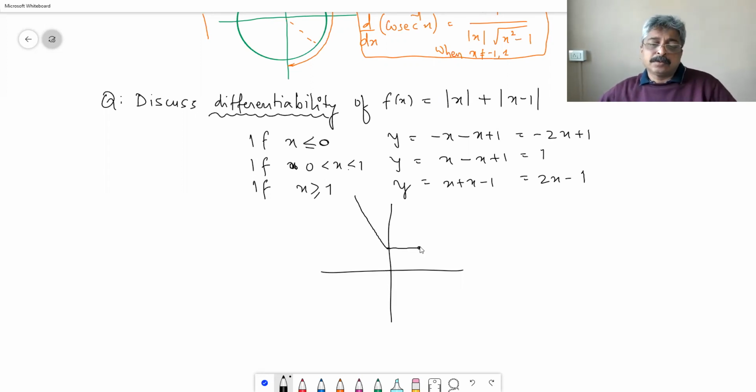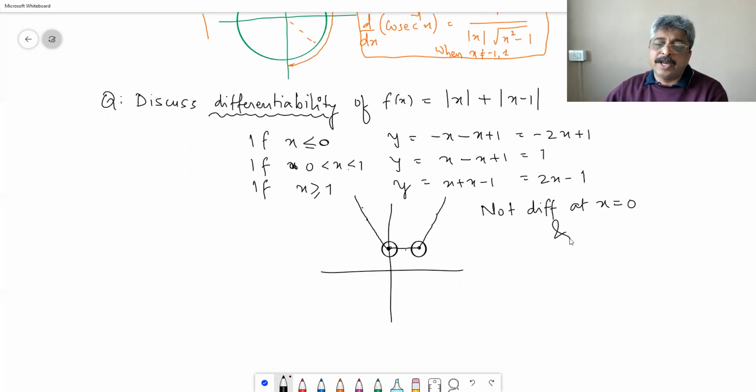And then like this. Okay. So graphically, tangents everywhere exist except at these 2 points, therefore not differentiable at x is equal to 0 and x is equal to 1. Okay, that is how you can answer.